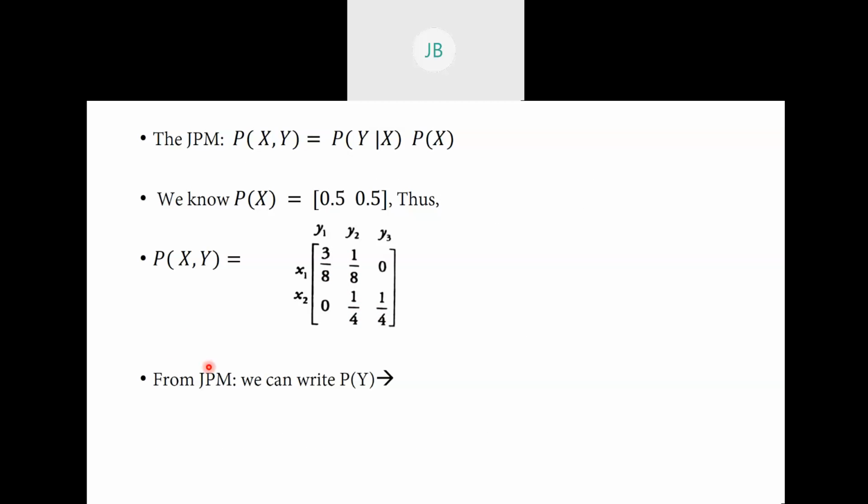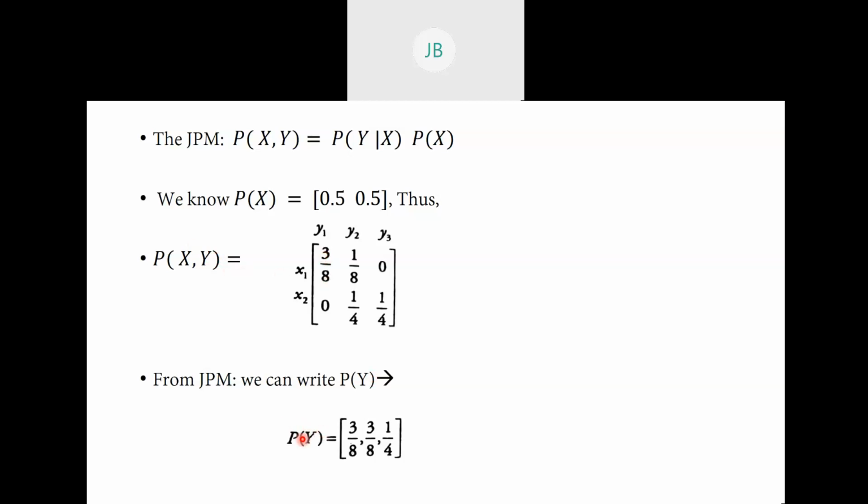Now from the joint probability matrix, we can write the probability of the output. How? If you see here, this is the joint probability between X and Y. From this, we can deduce the probability of the output.